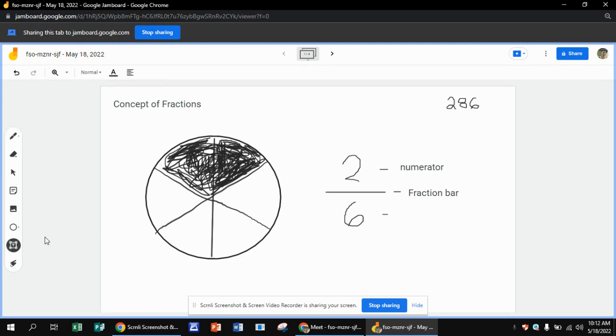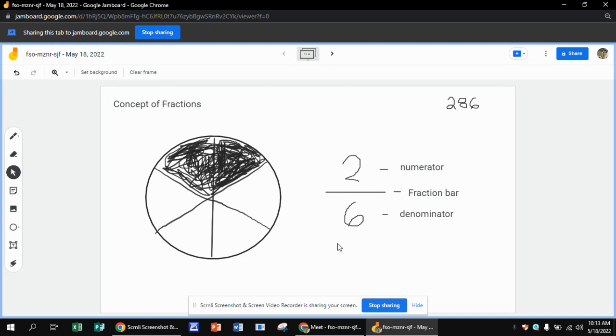The number 6, or the lower part of our fraction, we call the denominator. Everybody say denominator. Denominator. So what is the purpose of the denominator? The denominator tells us the equal parts or the whole.